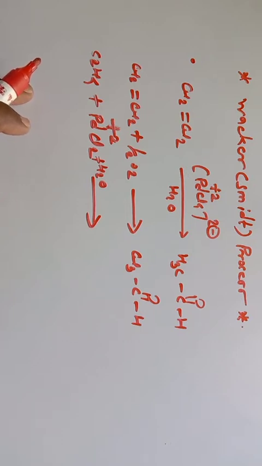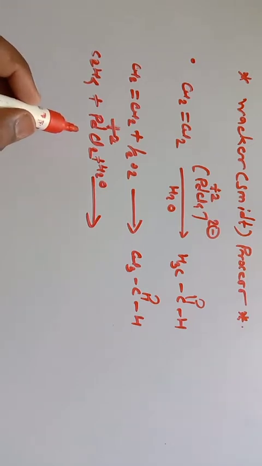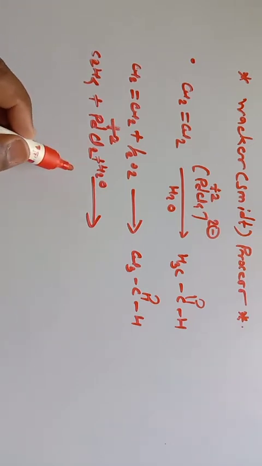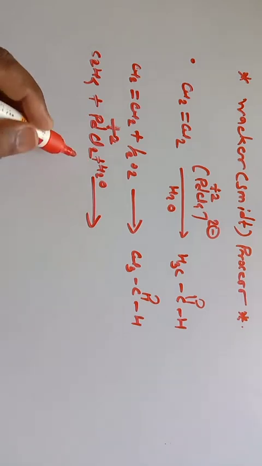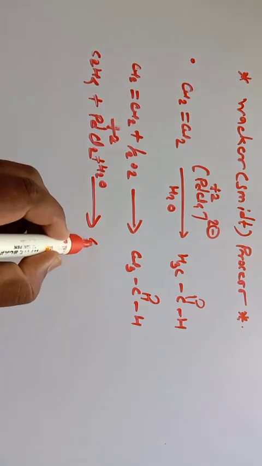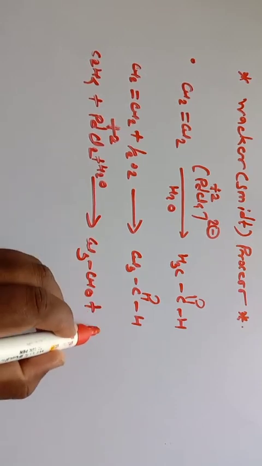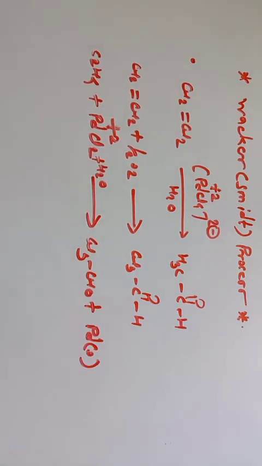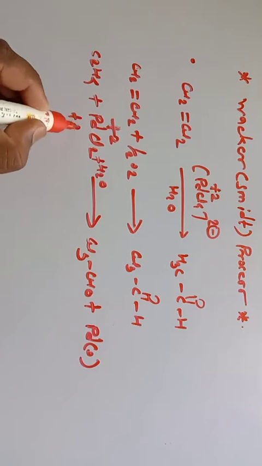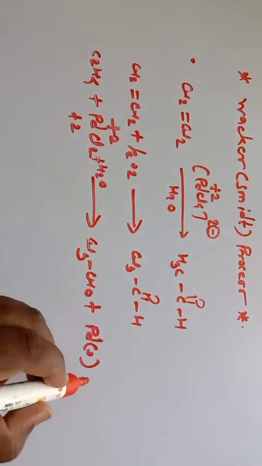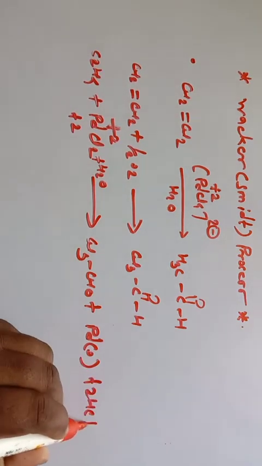Initially, the actual oxidation of ethylene takes place with the help of this Pd2+ in presence of water, and the conversion of this alkene into aldehyde occurs with a reduction of the Pd from plus 2 oxidation state to 0 oxidation state, plus 2 HCl.